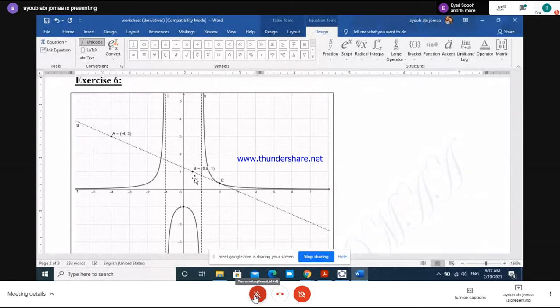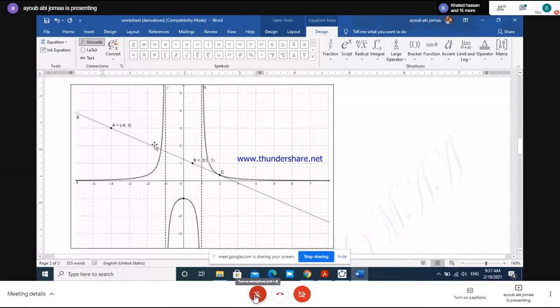So it is 1 minus 3 over 0.5 minus negative 4, which is 0.5 plus 4. And you can put it YA minus YB over XA minus XB. You'll have the same answer.